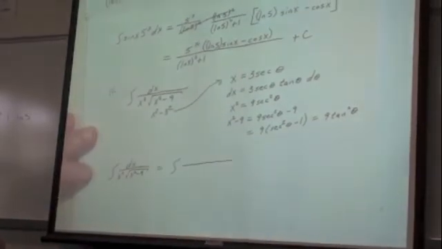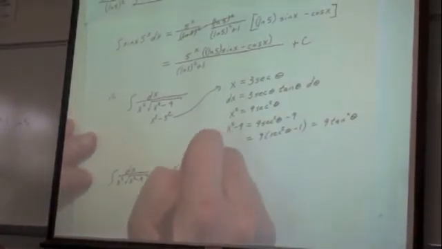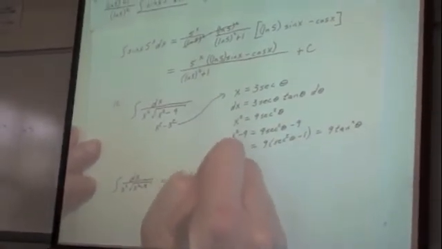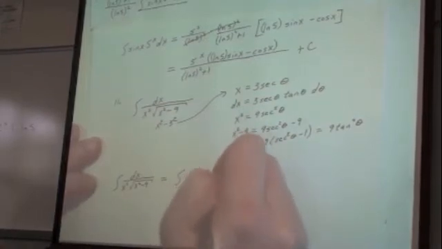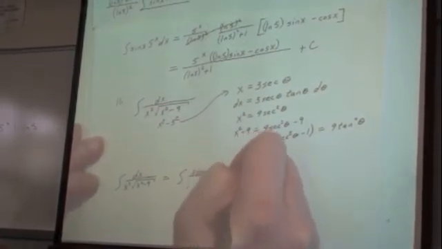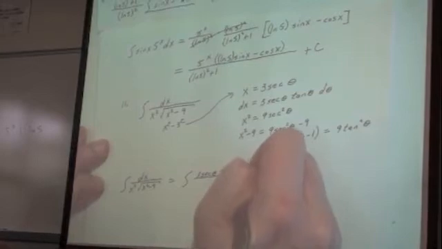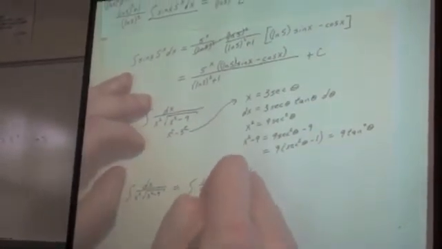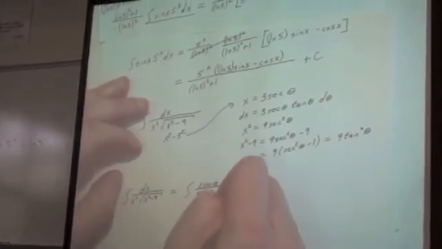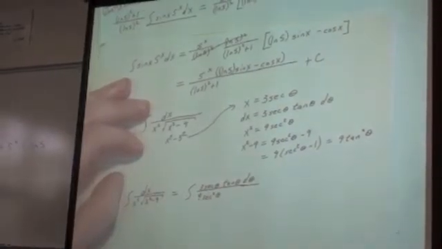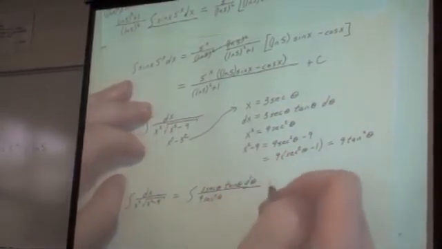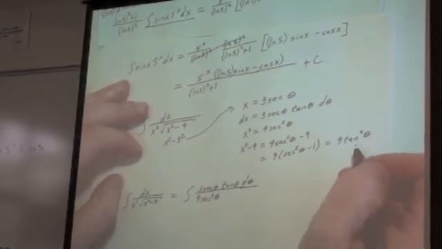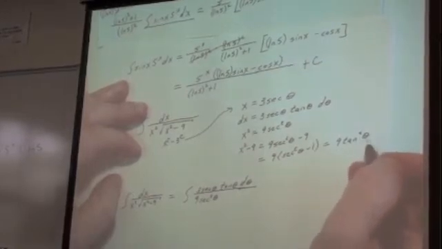My numerator dx, 3 secant theta tangent theta d theta, my denominator x squared, 9 secant squared, on the square root of x squared minus 9, which would be 9 tangent squared theta.